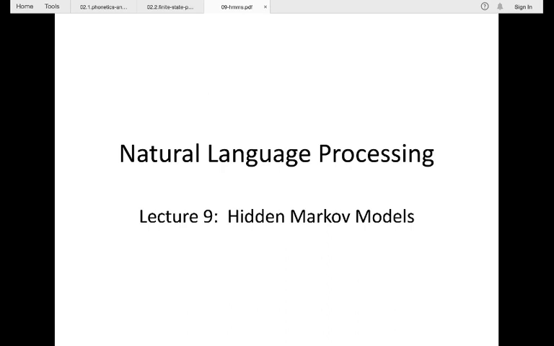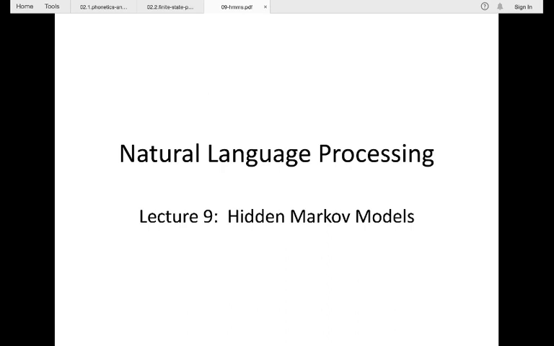Who here is familiar with HMMs? Okay. So who here wants to give a brief definition of an HMM? Let's back up. HMMs are hidden Markov models, right? And hidden Markov models are sort of a special case of, or related to, Markov chains.